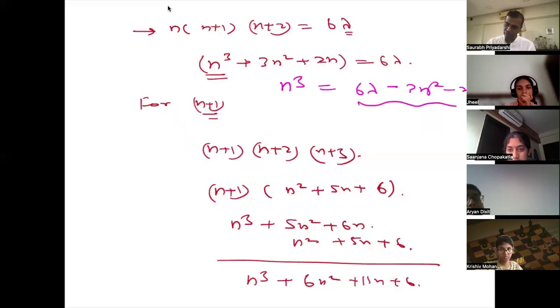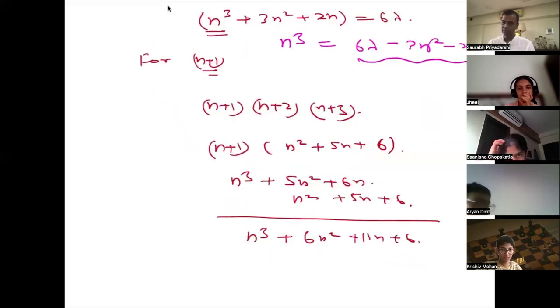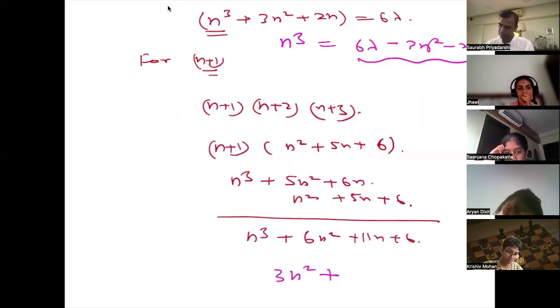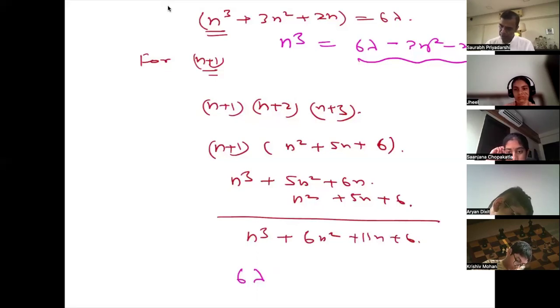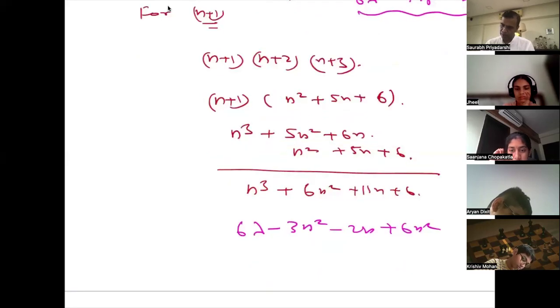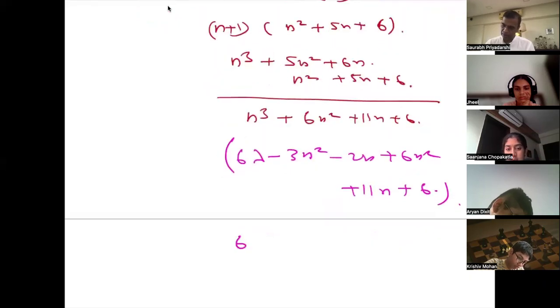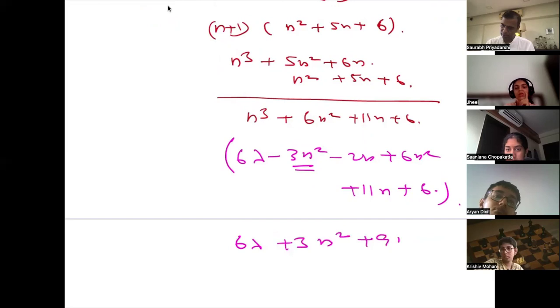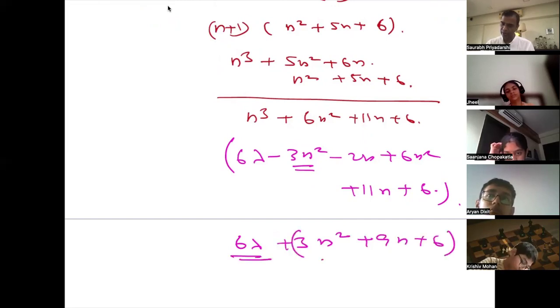Can I put this value in here? What am I getting? n cube is 6 lambda minus 3n square minus 2n, plus 6n square plus 11n plus 6. You can see this is 6 lambda, that is divisible. 3n square cancels out, and this is 3n square plus 9n plus 6. This part is divisible by 6.